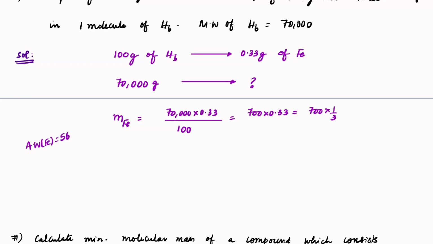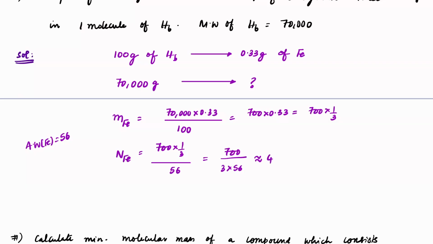That will usually be given to you, don't worry. Therefore, the number of atoms of iron present would be the mass, 700 into 1 by 3, divided by 56. So that is equal to 700 by 3 into 56, which is approximately 4.